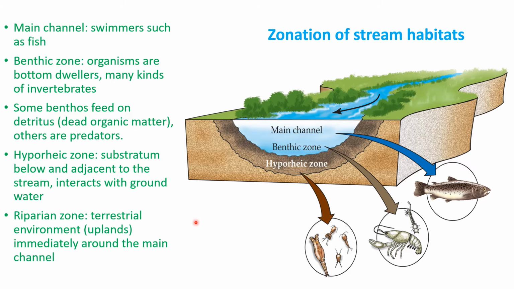And not to mention that hyporheic zone also has its own unique assemblage of fauna and flora, particularly fauna, in terms of there are unique types of invertebrates you find in that particular area.